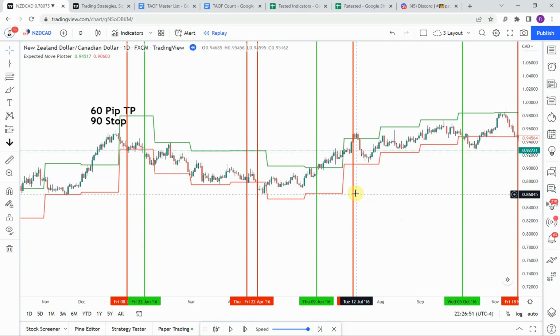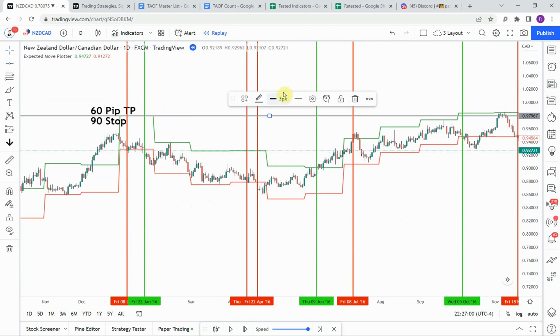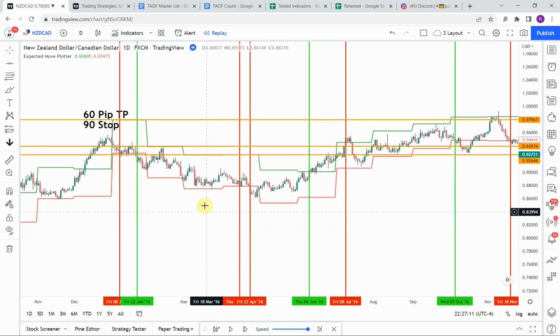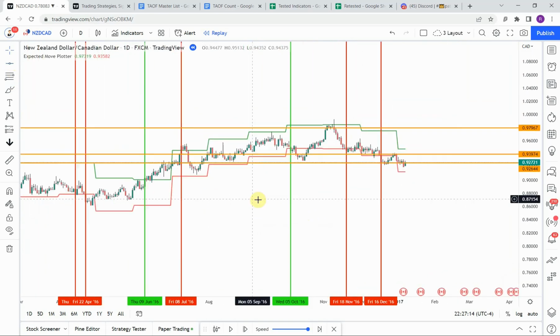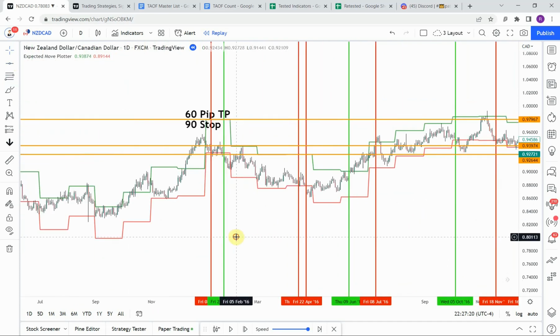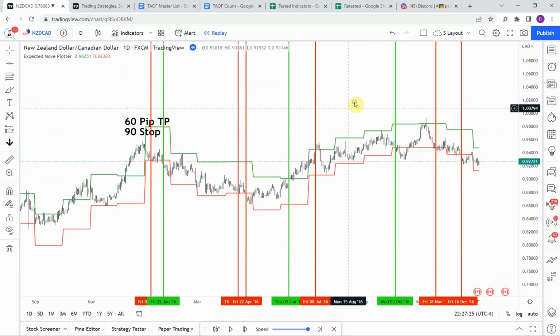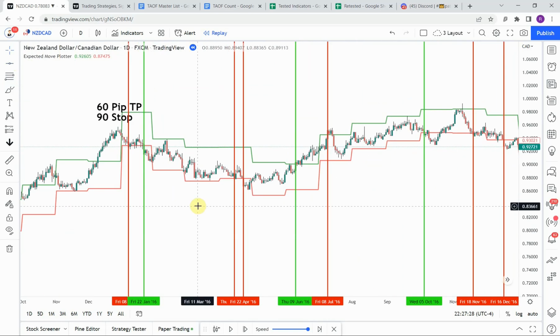So again, you can think of these areas as support and resistance, and you could even mark out these flat areas as areas of interest and see how they might play a role in where price action is going and what exactly it's doing. In that regard, I think this indicator is interesting and could be useful. Like I said, we might test it a couple other ways, but for now it's going to go on the no list, and we will move on to the next video from here.